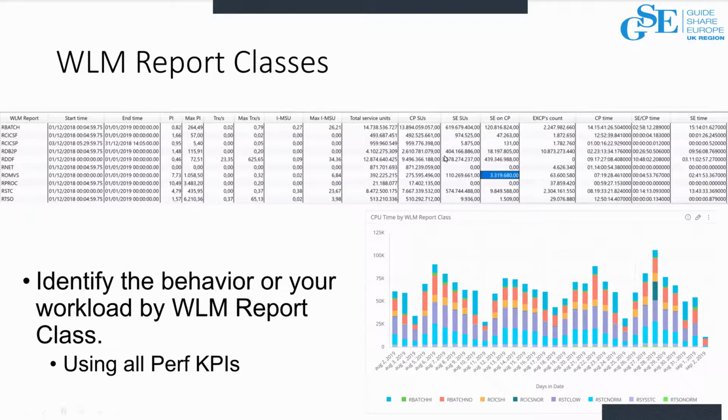And then you can have the consumption KPIs reported by the report class. Okay. And also you can calculate the PI, you can see the consumption KPIs, the use of special engine, and CP time, SC time, etc.